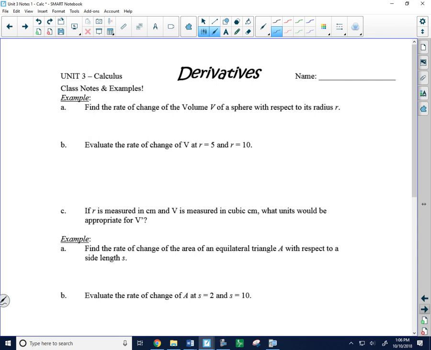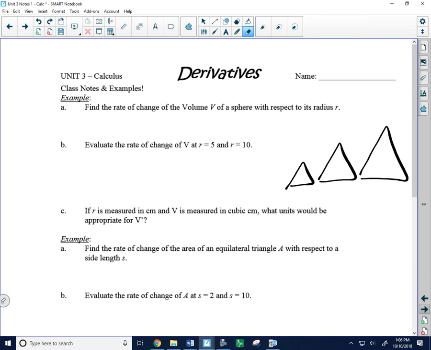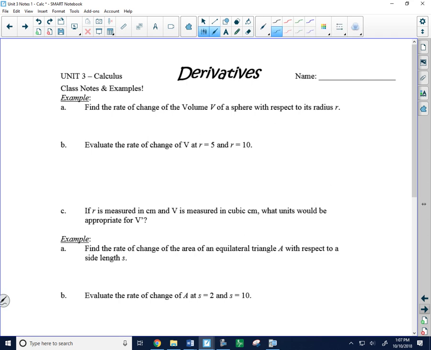So maybe it's a triangle changing size, and when the base or the height is a certain value, how fast is that triangle changing? So what's the rate of change of the area, or of the perimeter or the circumference? It can ask you about different things. It all starts with the geometry formula.